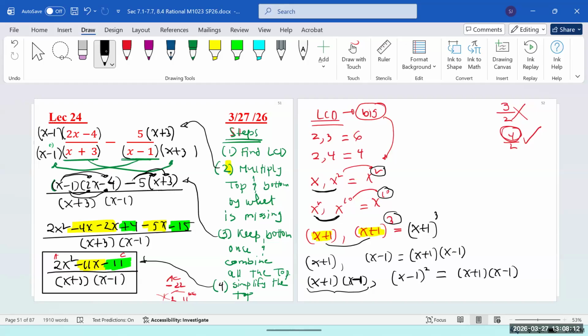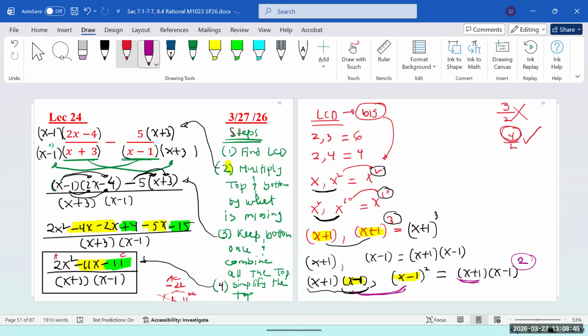Now, if you compare this and this, do we have the same base? If you have the same base, how many powers do you take, the smaller one or the bigger one? Bigger one. So we have x minus 1 with a power of 2. X plus 1 appears only once, so we take only one. Comparing these two, we have the same base, 1 power and 2 powers. So our winner is the 2 power.